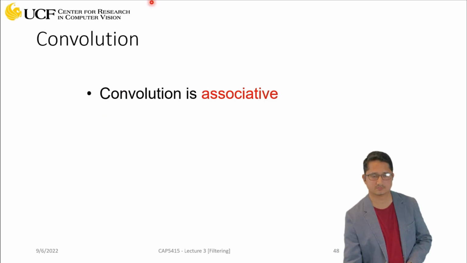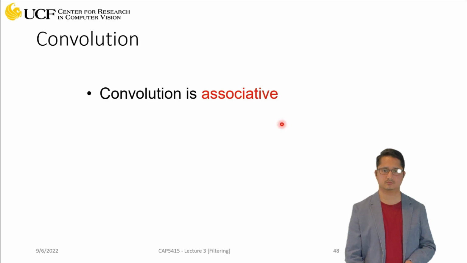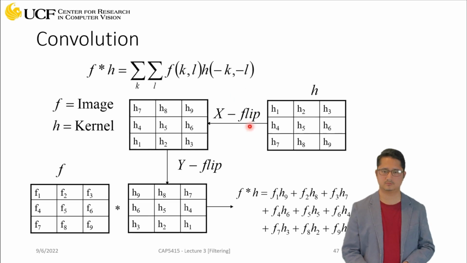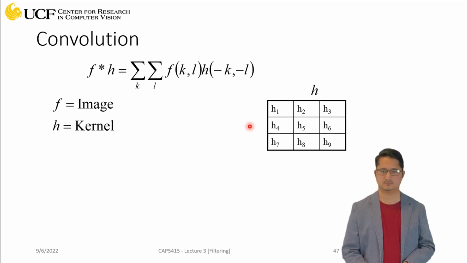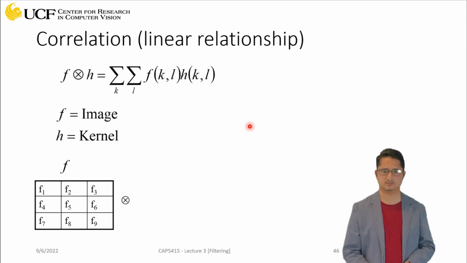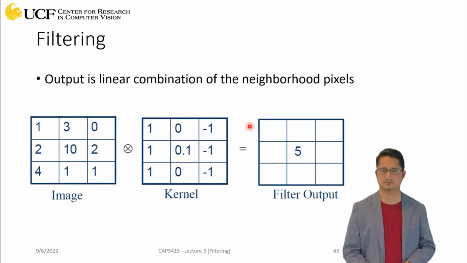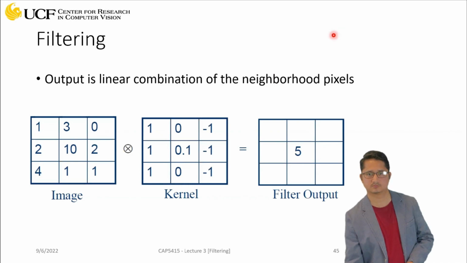Professor, in the filtering slide, I couldn't understand how the filter output was 5. Can you show how the calculation is done? This one.